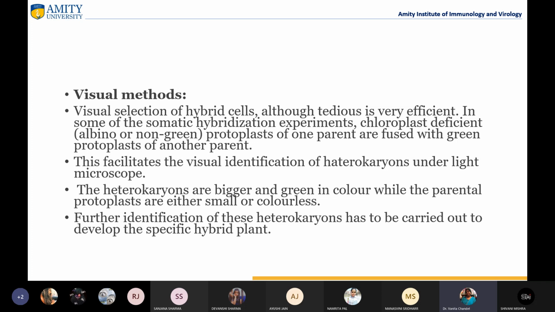So in this, we will visually be able to differentiate. For example, the heterokaryons are bigger, they are green in color, while the parental protoplasts are either small or colorless. So only in such cases visually we'll be able to differentiate. So further identification of these heterokaryons has to be carried out to develop specific hybrid plant.